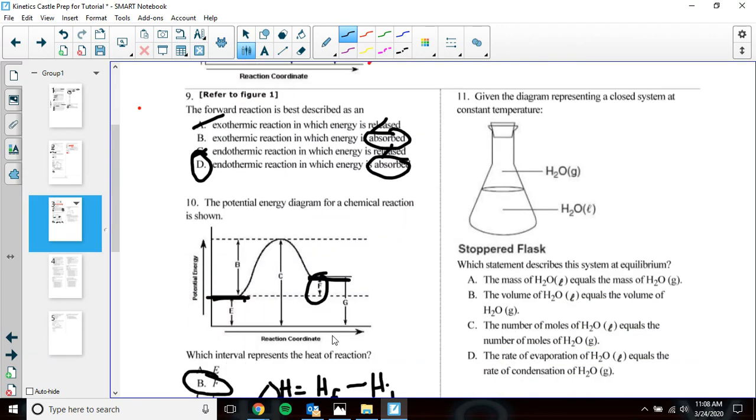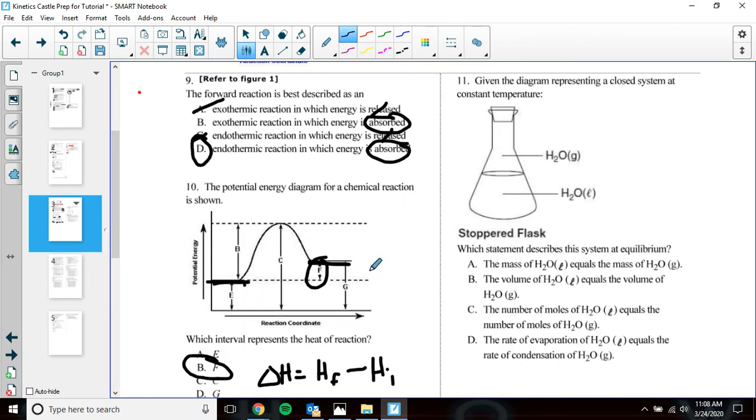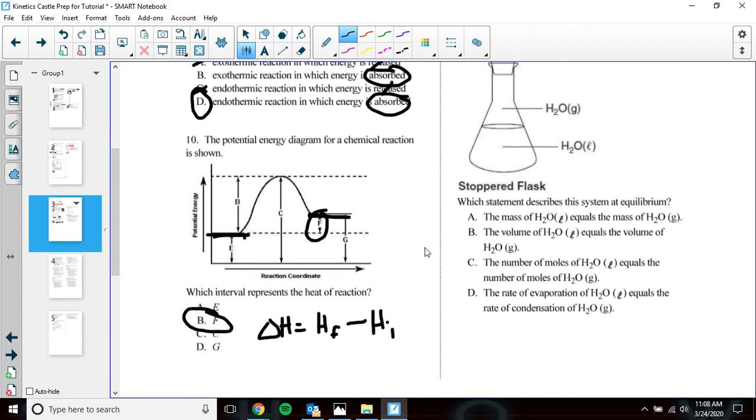Okay. And then this page, given the diagram representing a closed system at constant temperature, which statement describes this system's equilibrium? So I remember us doing this yesterday in class a little bit online. Same chemical, just changing phases. Changing phases is physical.